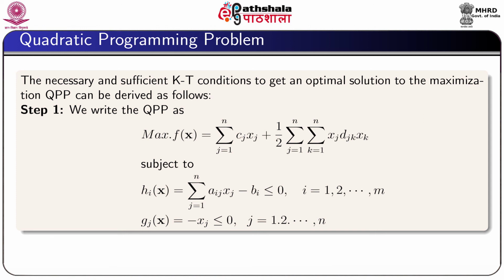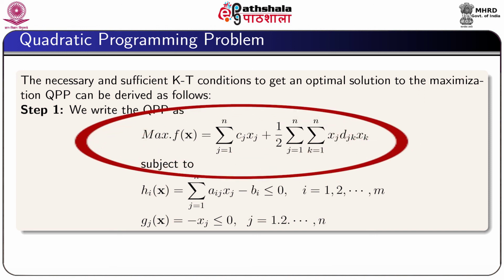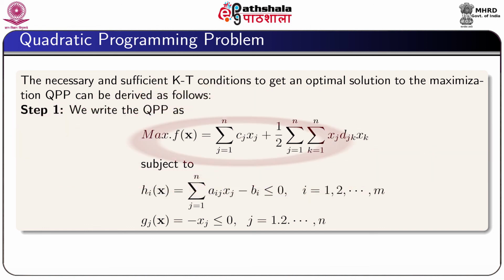Step 1, we write the QPP as maximize f(x) equal to summation j equal to 1 to n Cj xj plus half into summation j equal to 1 to n summation k equal to 1 to n xj djk xk, subject to hi(x) equal to summation j equal to 1 to n aij xj minus bi less than or equal to 0 for i equal to 1 to m, gj(x) equal to minus xj less than or equal to 0 for j equal to 1 to n.